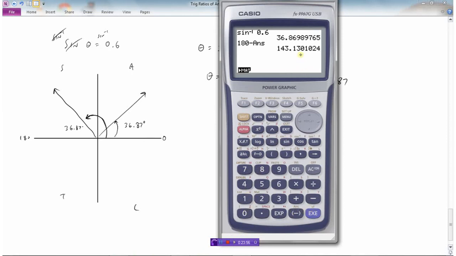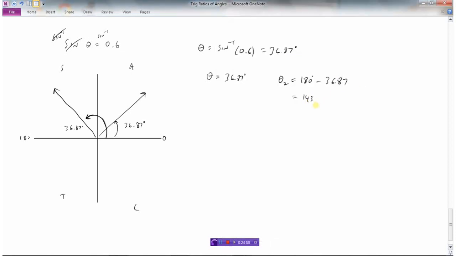And I have 143.13 degrees as my second solution. So using the calculator, instead of going to the special triangles, the calculator is going to give us one of the angles there. Let's look at one more calculator type example.